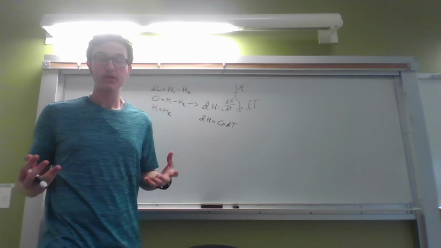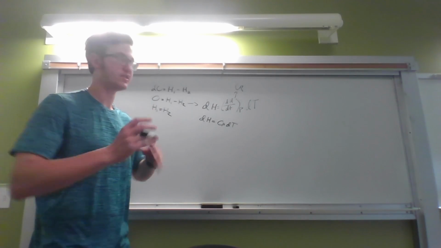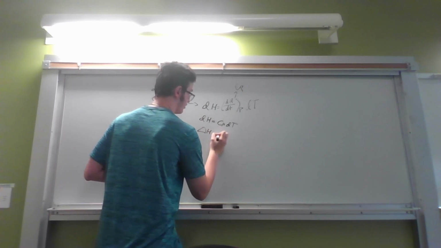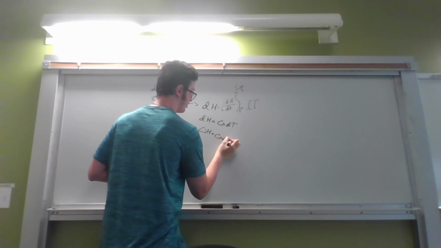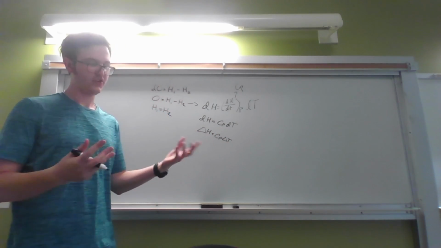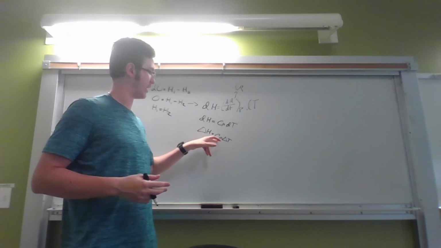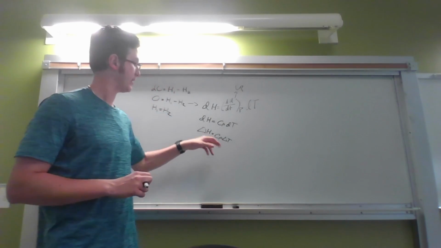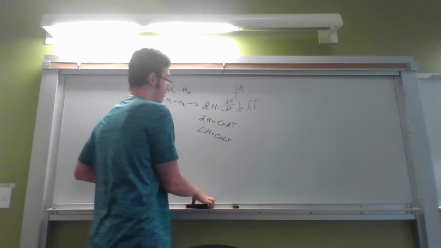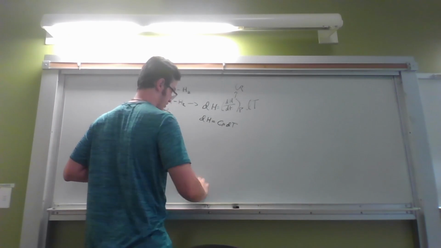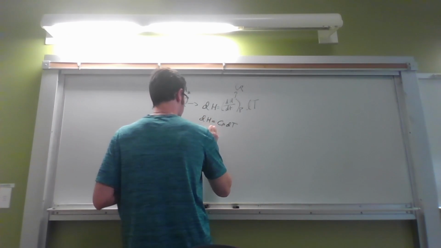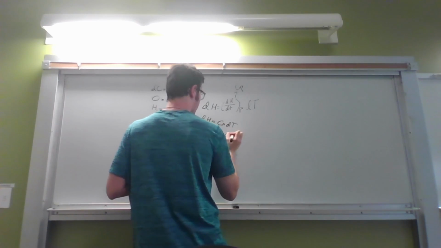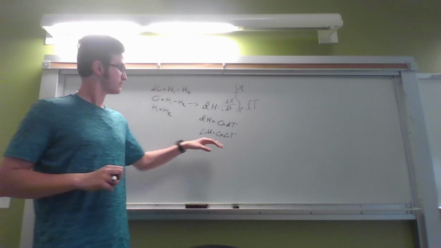Now over small changes in temperature, you can simply have delta H, the change in enthalpy, be equal to the heat capacity multiplied by the change in temperature, and I will make this less crooked. That's better.